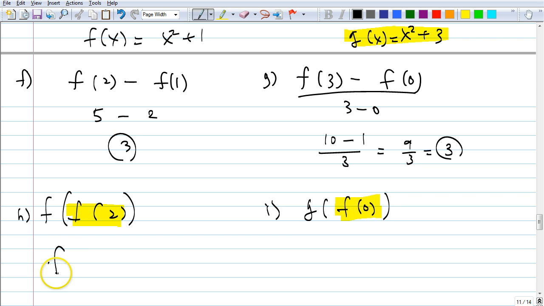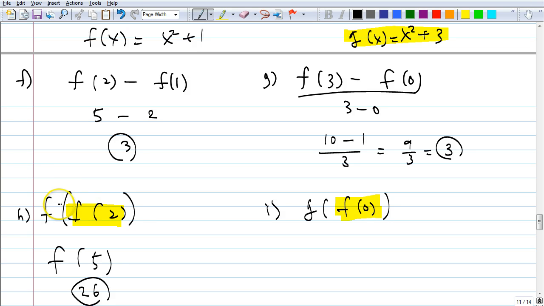When you plug in 2 here, don't you get 2 squared plus 1? Don't you get just f of 5? So this is another way of asking f of 5. Could we figure out what f of 5 is, class? What's f of 5? 26. Because it's 5 squared plus 1. Does that make sense? Right?